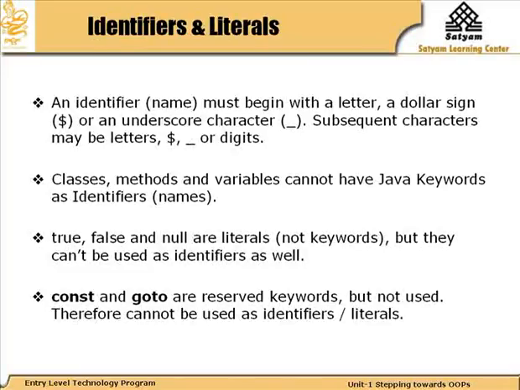True, false, and null are literals, not Java keywords, but they cannot be used as identifiers as well. Const and goto are reserved keywords of Java, but not used, therefore cannot be used as identifiers or literals.